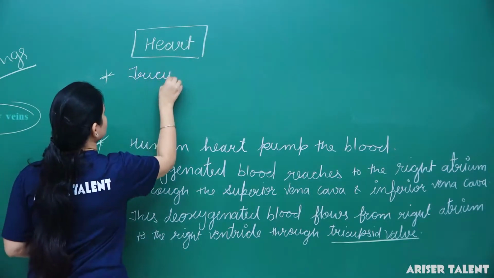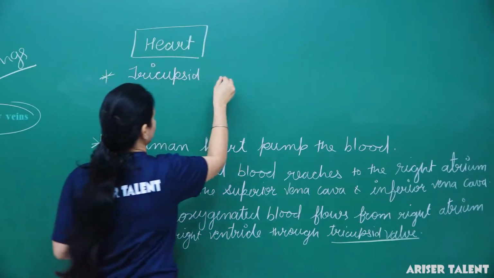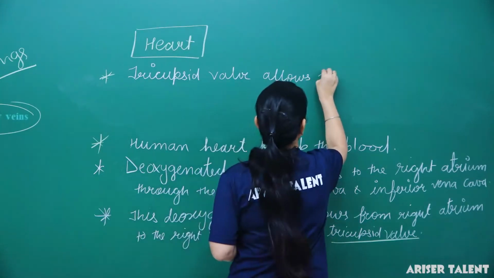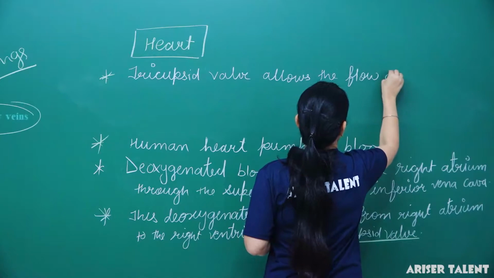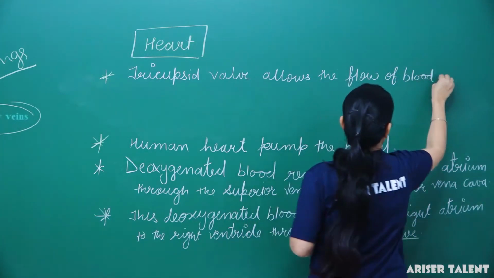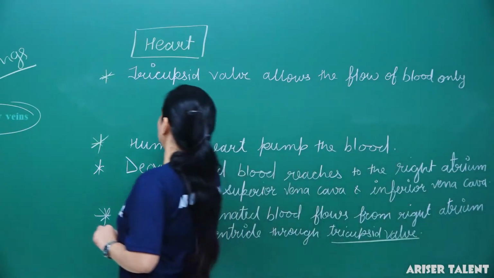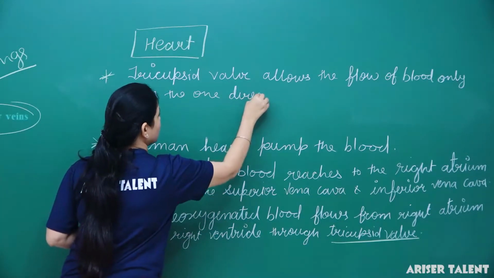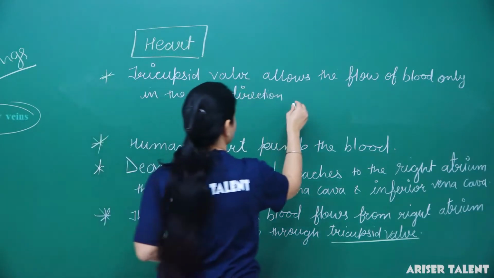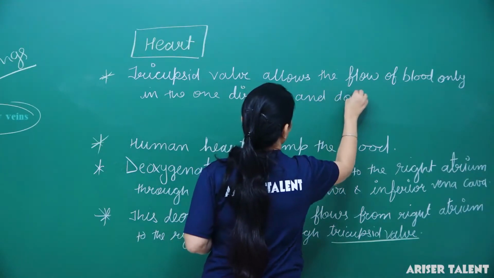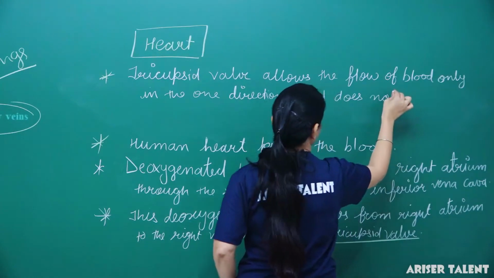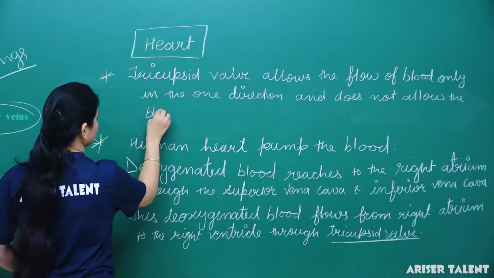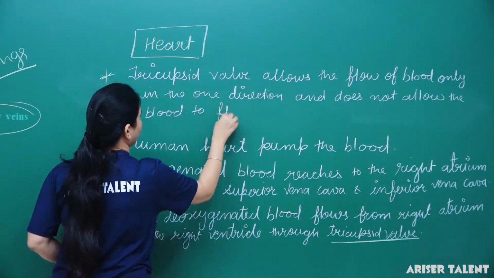The tricuspid valve allows the flow of blood only in one direction and does not allow the blood to flow back.